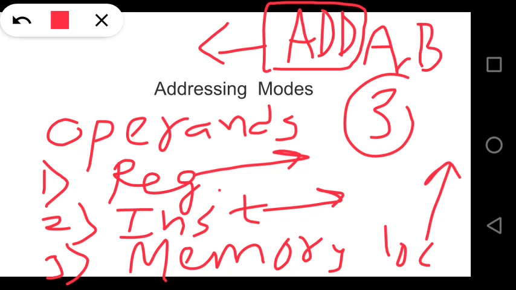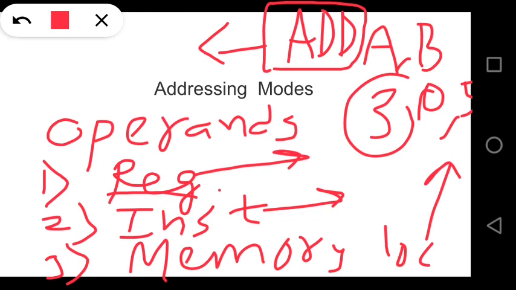But in order to perform an addition operation, it requires two operands, A and B. Ultimately, it should get two values. Let us assume 10 and 5. So what are the different possibilities for where these 10 and 5 values can be stored? One possibility is in the registers, another is in the instruction, and another is in the memory location. So before going to discuss addressing mode, let's discuss the need for addressing mode.